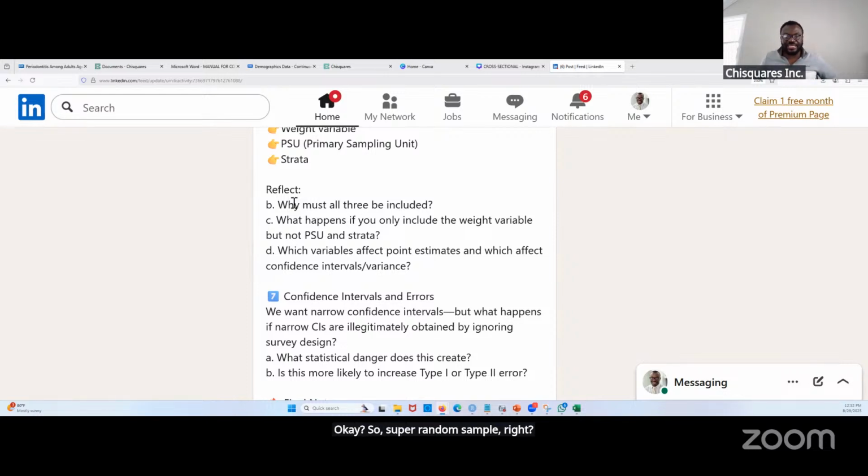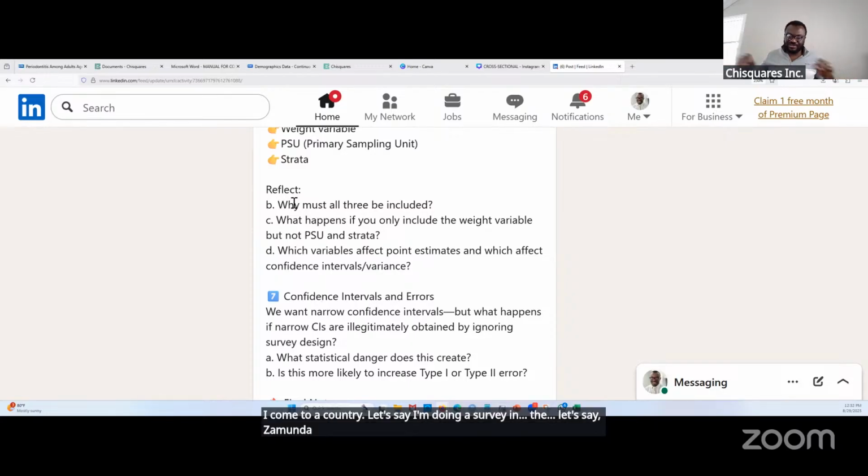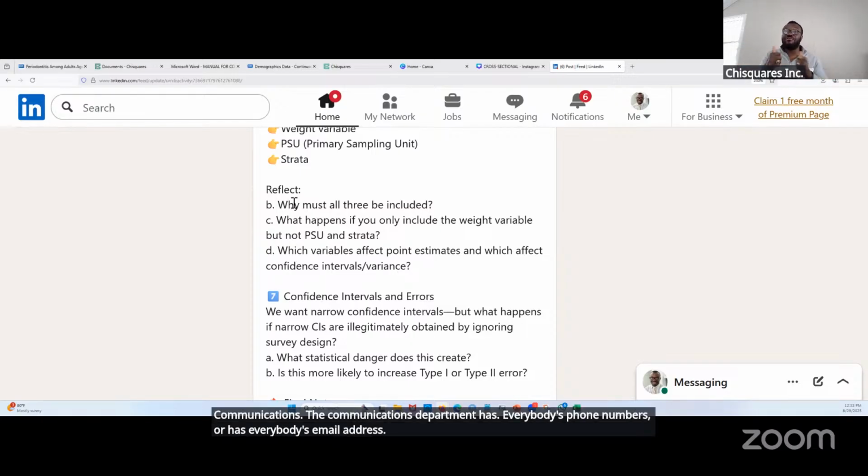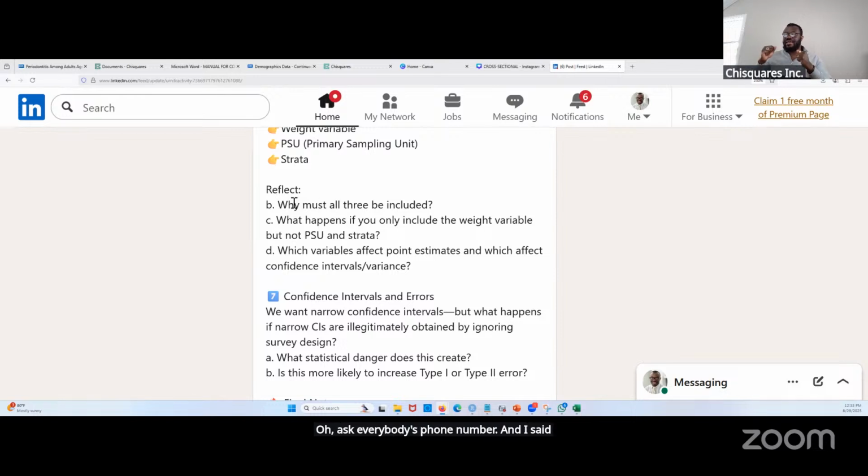So in this case, let's say that I come to a country, let's say I'm doing a survey in, let's say, Zamunda, right? A hypothetical country. And I go to the Department of Communications. The communications department has everybody's phone numbers or email addresses. And I said, hey, I want to do a national survey for the government.